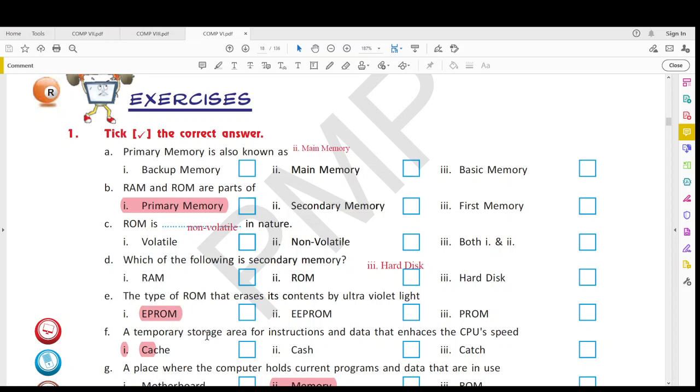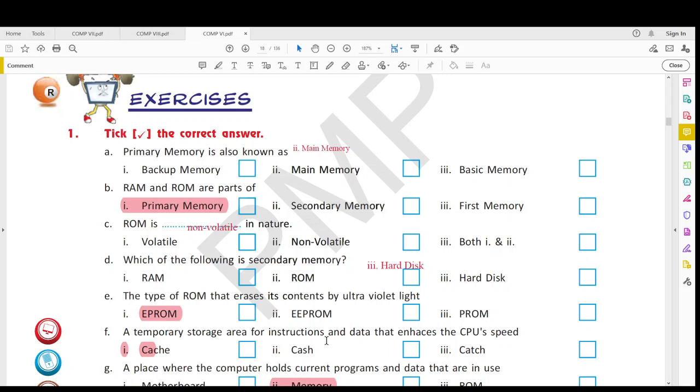A temporary storage area for instructions and data that enhances CPU speed. The options are cache, cache, cache, and cache, with different spellings.